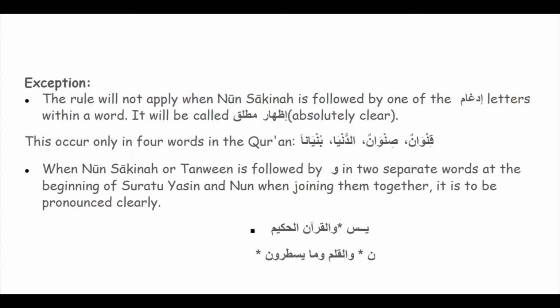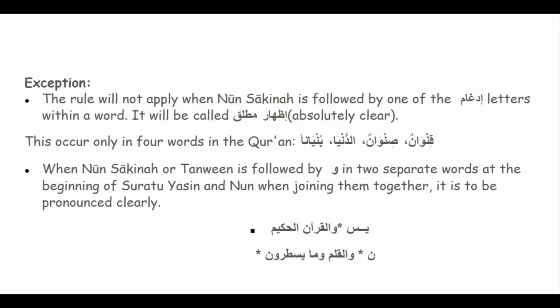So it will not apply when it is found within a word, that is nun sakina followed by waw or ya, because we mentioned that al-waw and al-ya are part of the letters of idgham bi ghunna. So when this occurs, we will not be having idgham bi ghunna, but we will be having izhar mutlaq.